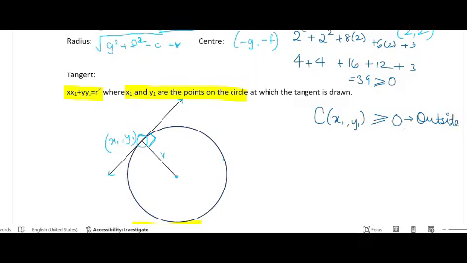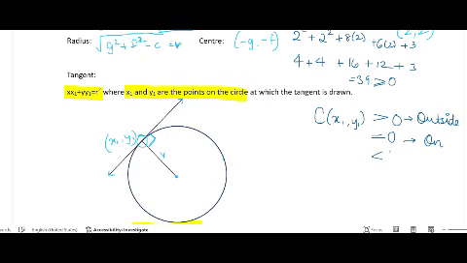It means that in the equation of C, instead of x and y, the variables, you will be substituting the point given to you, x1 y1. If on substituting you get a number greater than 0, then you will say that the point is outside the circle. On substituting, if you get it to be equal to 0, then the point is on the circle.